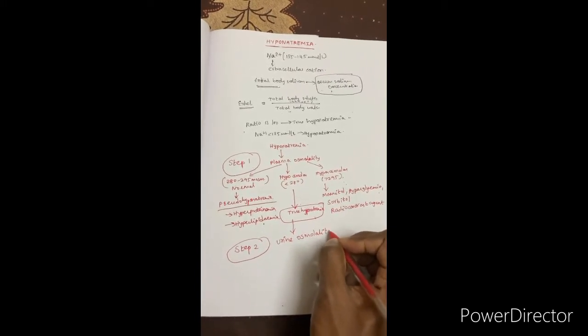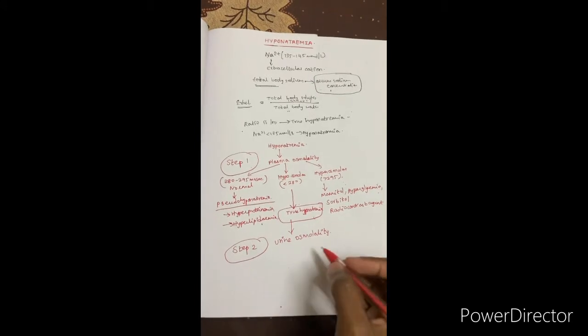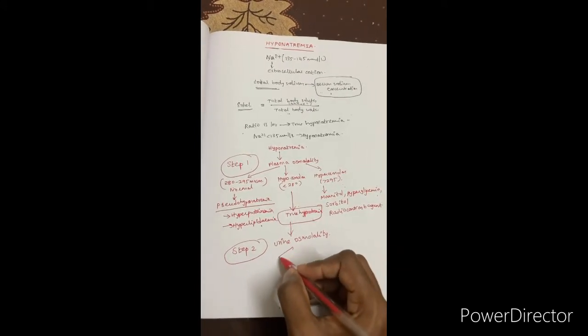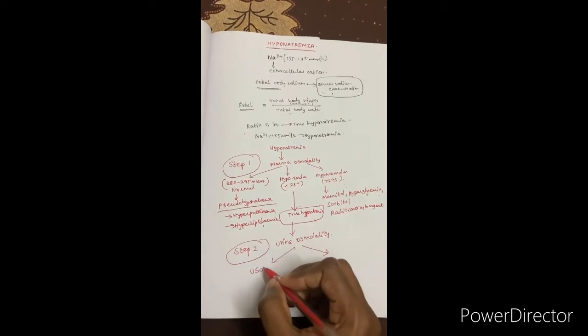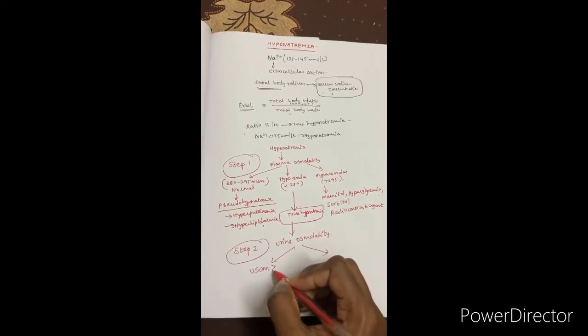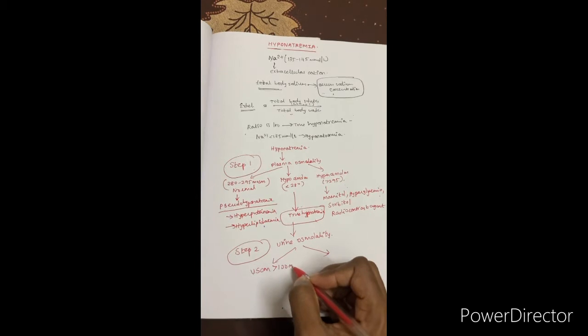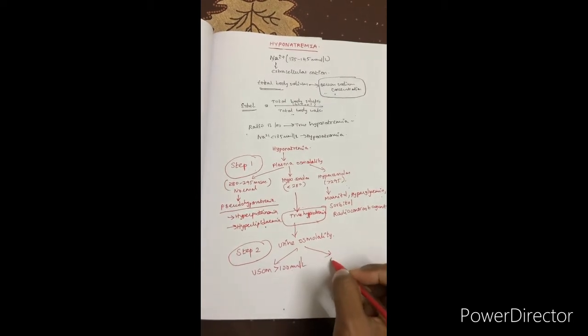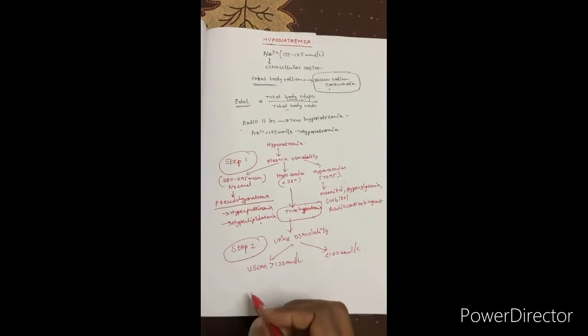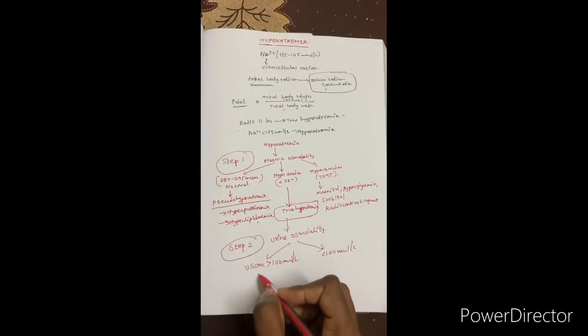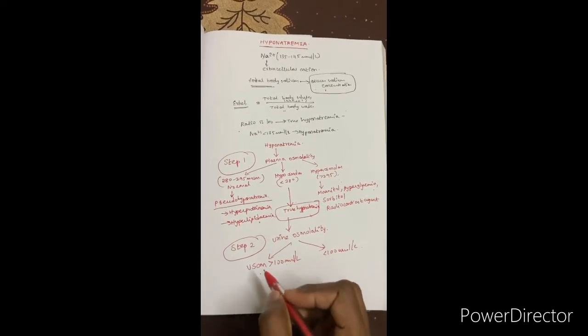When you measure the urine osmolality, you come to know whether the urine osmoles are more than 100 millimoles per liter or less than 100 millimoles per liter. When urine osmoles are more than 100 millimoles per liter, what will you suspect?